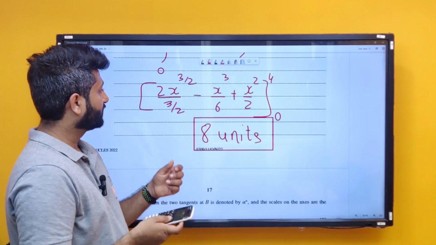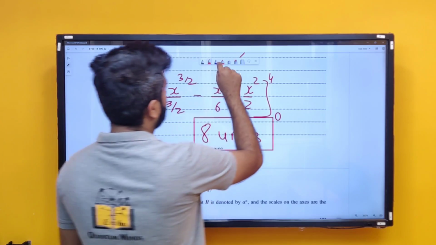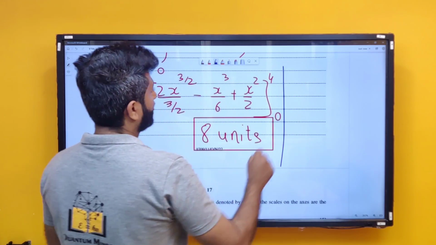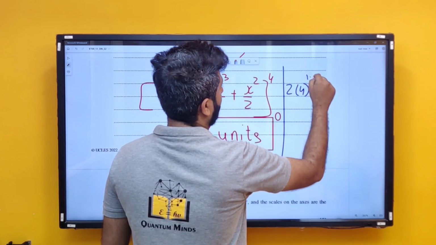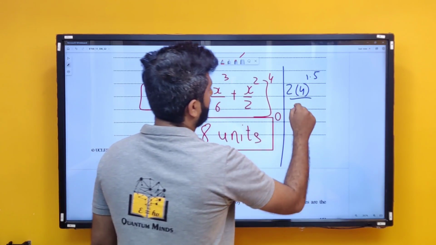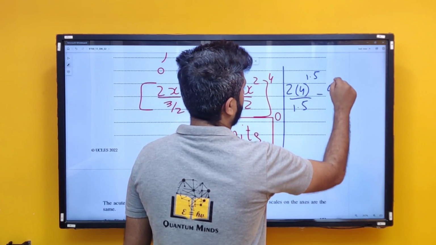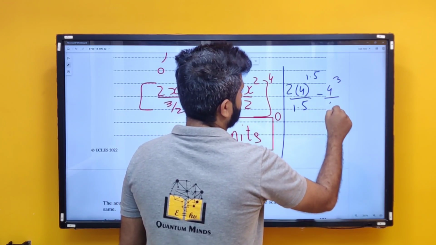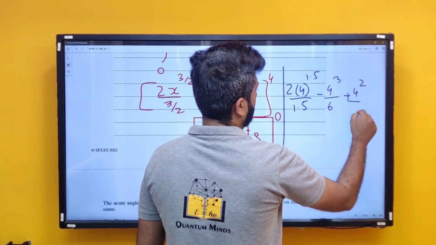If I substitute 4, let me show you also. So let me substitute it here for you. So you have 2 into 4 power 3 by 2, which is nothing but 1.5, upon 1.5 minus 4 cube upon 6 plus 4 square upon 2.